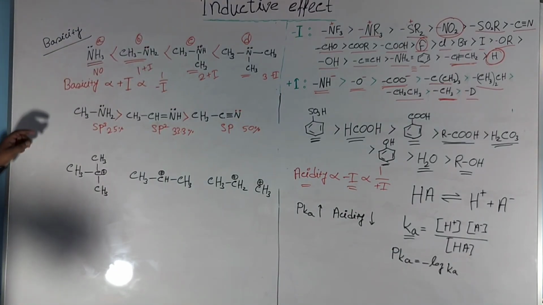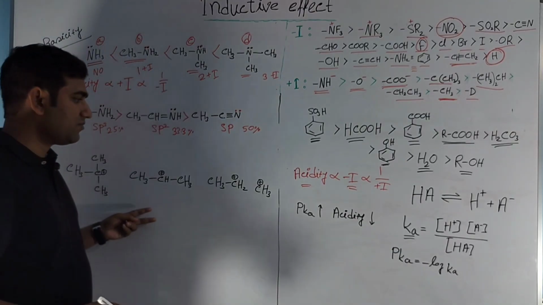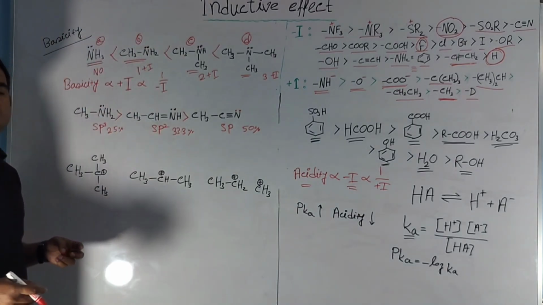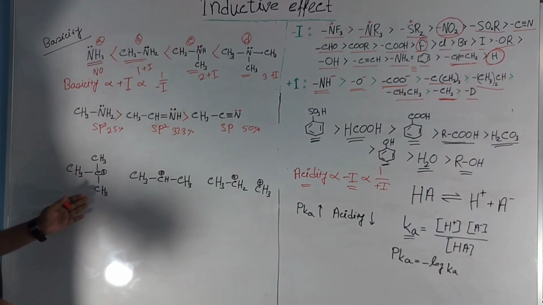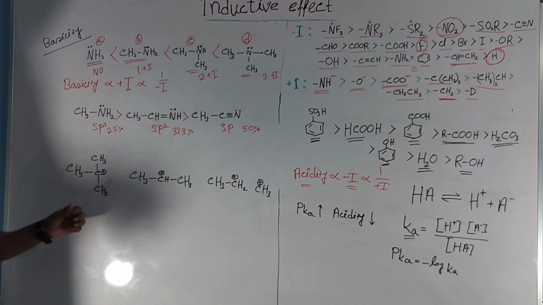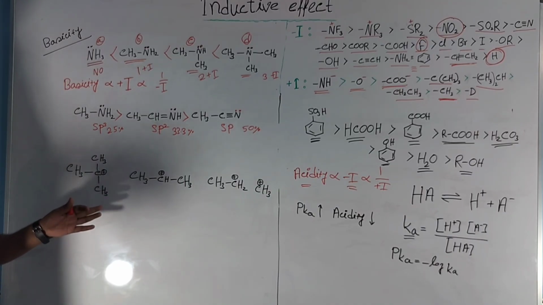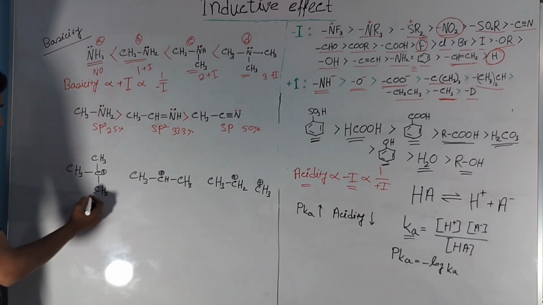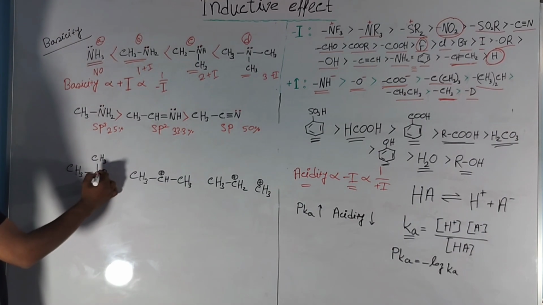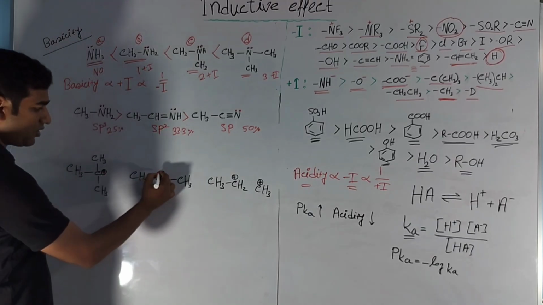The last topic is the stability of the intermediate of the molecule. I will give only one example, the carbocation, which is the intermediate of the reaction. Here is a 3 degree carbocation, where the plus charge means carbocation.